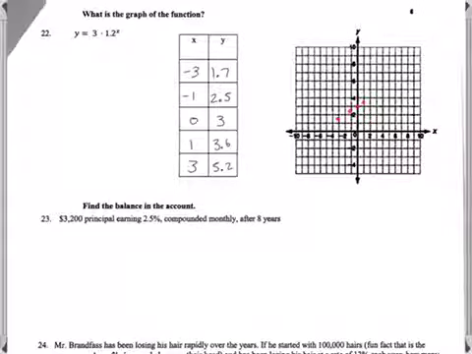And at 3, we're at 5.2. All right, so it's not a great curve picture, but we should be able to figure this out. So remember, with an exponential function, it's going to start to increase, but it's going to be a smooth curve that's going to come close to the x-axis but never really cross it. So our graph looks something like that.